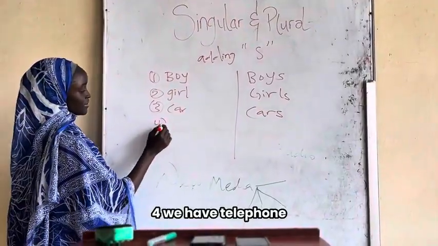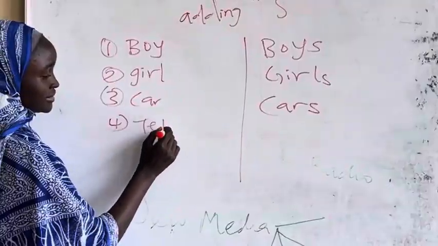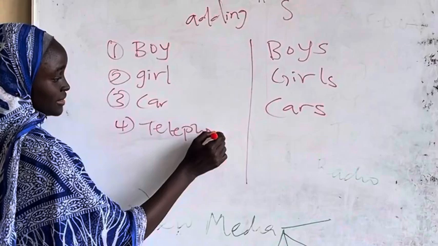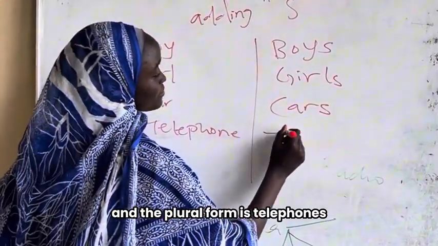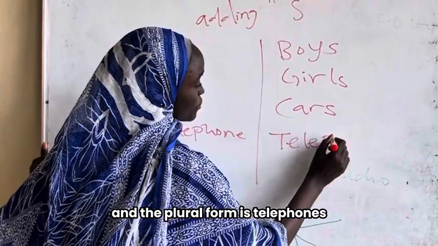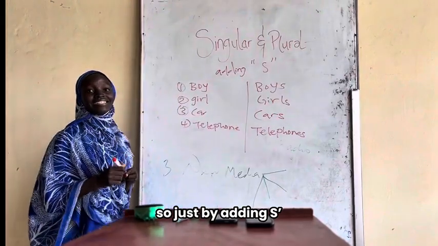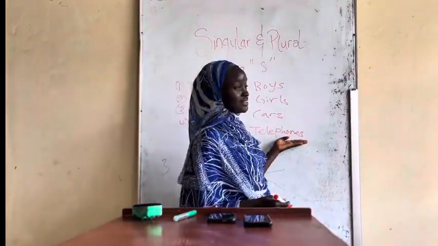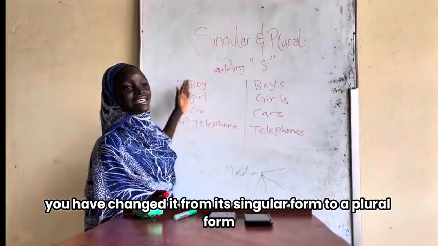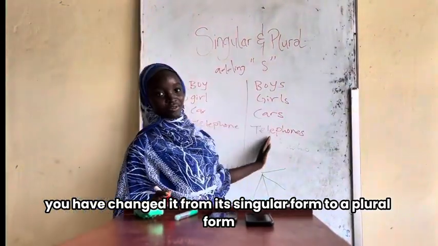For 4, we have telephone, and the plural form is telephones. So just by adding s, we have changed it from its singular form to a plural form.